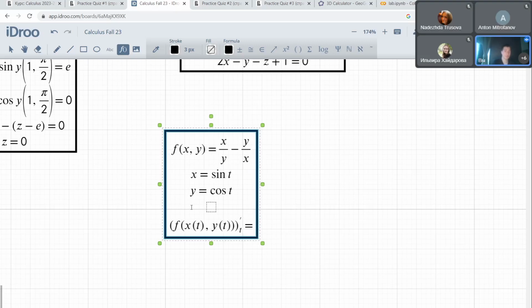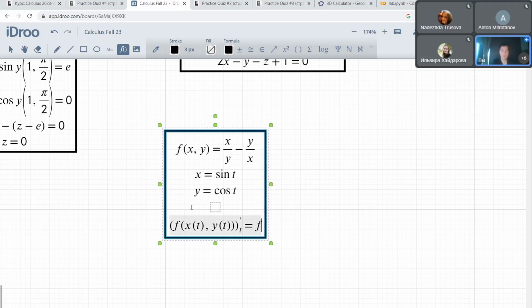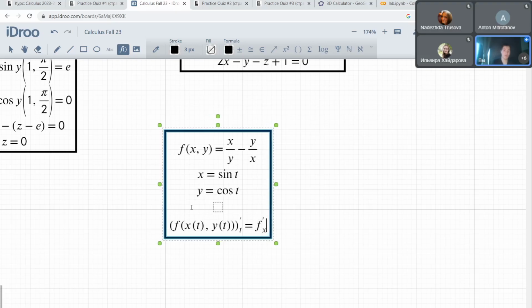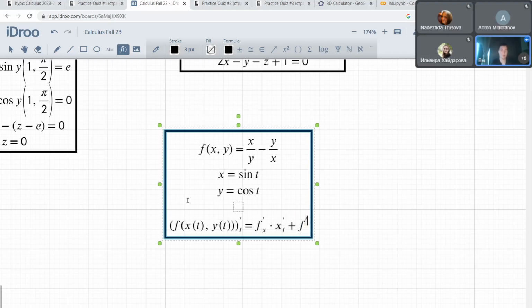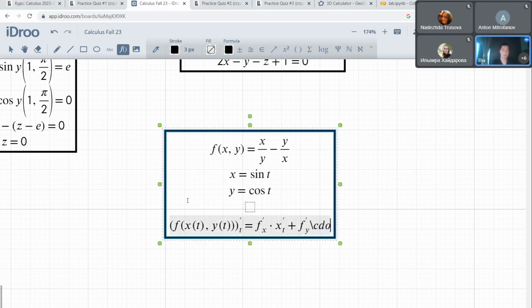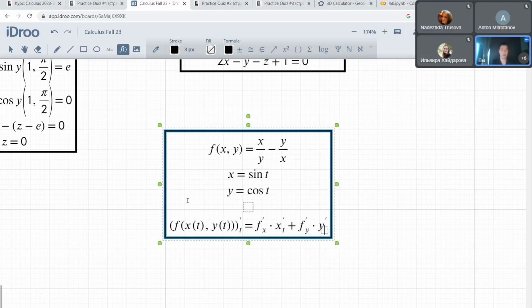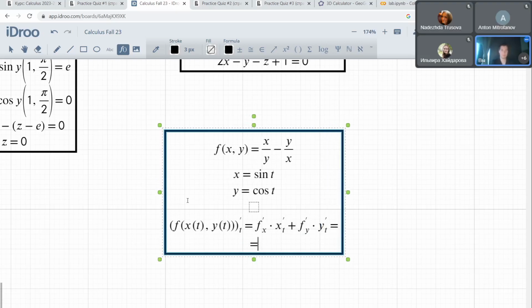We know the chain rule. We know that this derivative can be computed like df over dx multiplied by dx over dt plus the same thing for df over dy multiplied by dy over dt. I think it's easy to see. We know this chain rule.